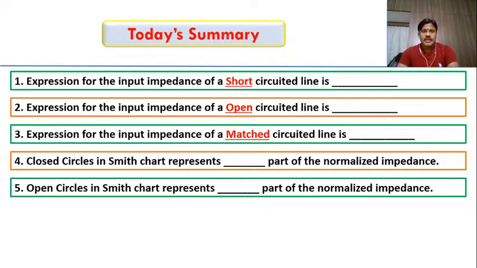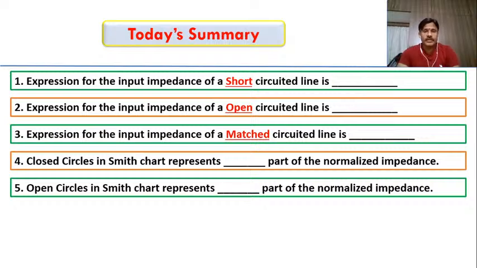First one, the expression for the input impedance of a short circuited line: ZSC equals j Z0 tan beta L. That's all.